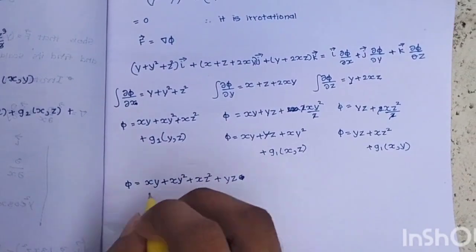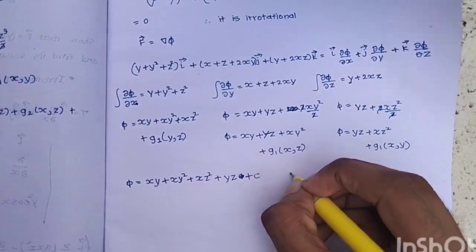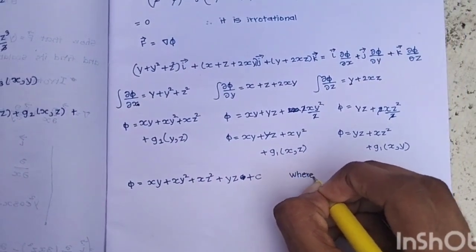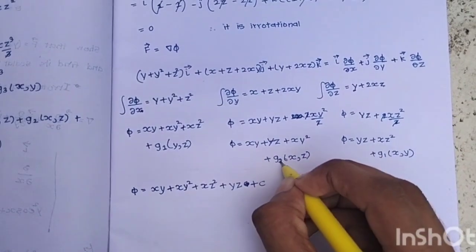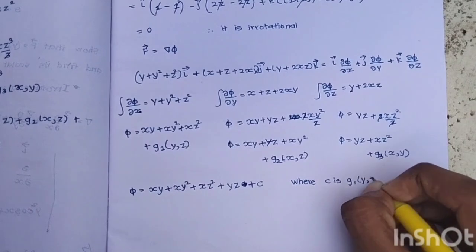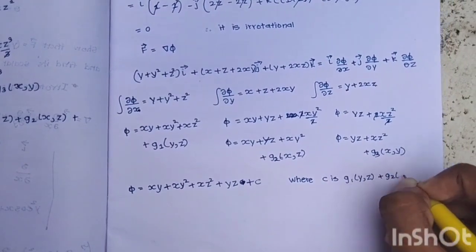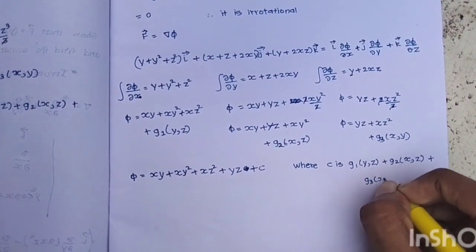So this is the answer. Along with it we have to write the constant c. We should write c as the addition of g1, g2 and g3: g1 of y comma z plus g2 of x comma z plus g3 of x comma y.